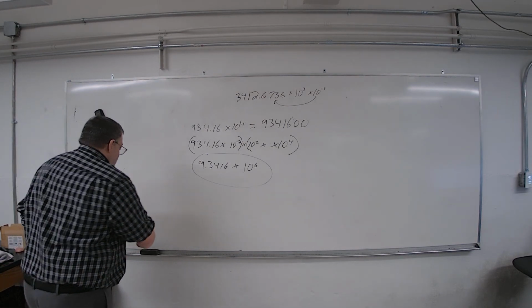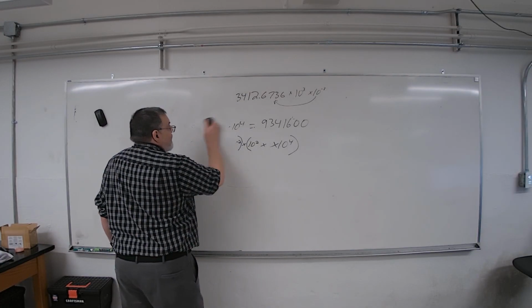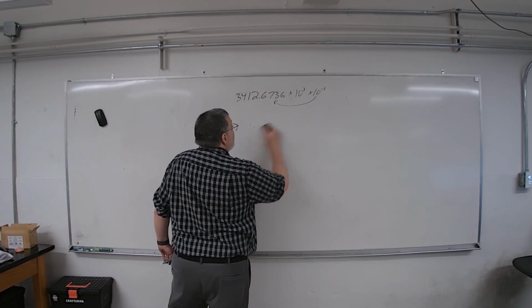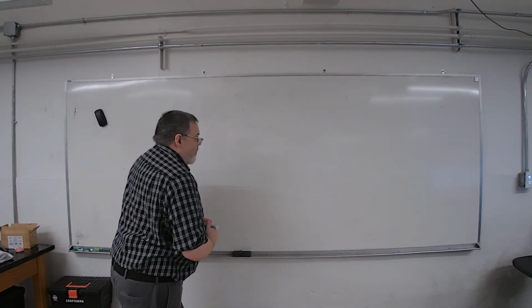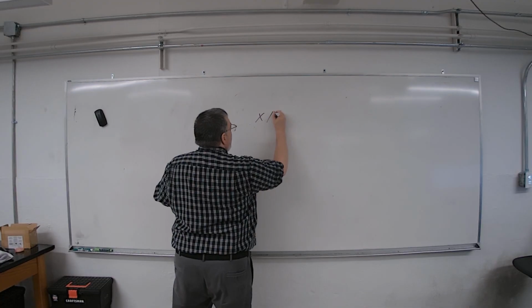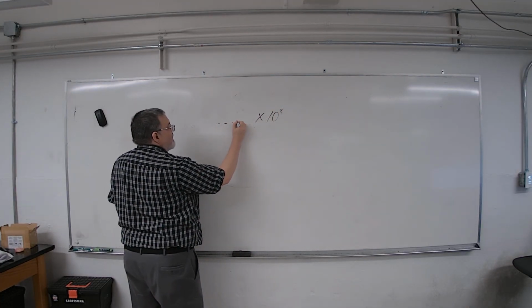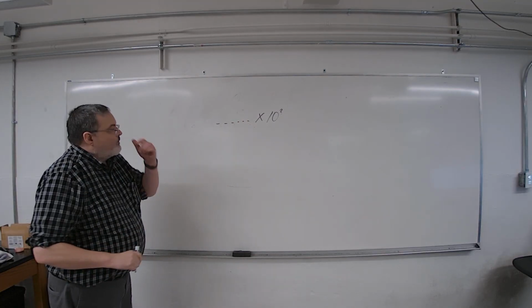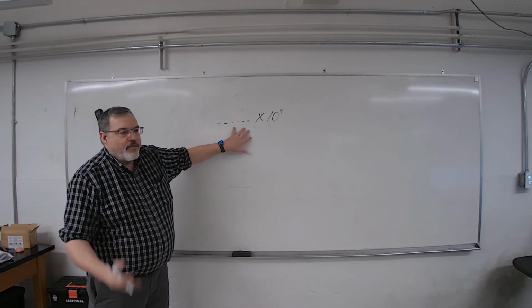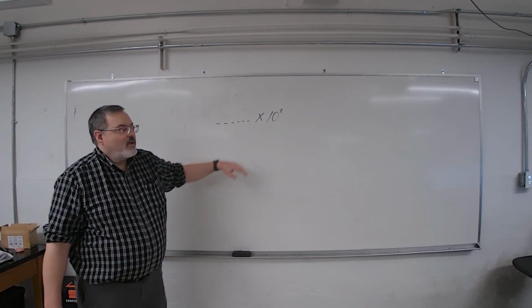When it comes to scientific notation and significant figures, the times 10 to the whatever, every digit here, no matter what you're seeing, is significant. So if you're reading a number, you're not the writer of the number, and it's in scientific notation, everything here counts.